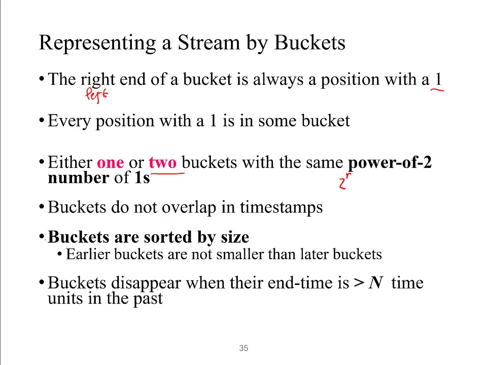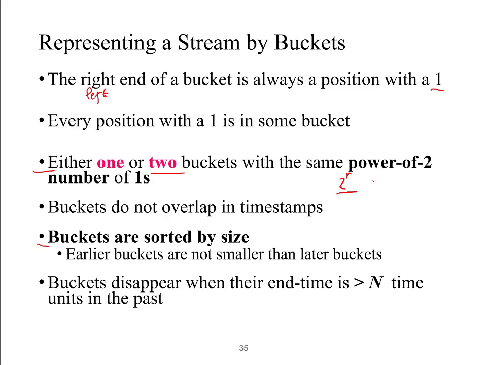If we combine this rule and this rule, then a more accurate description would be: say the largest bucket, where by largest we mean it contains the most ones, has the size of 2 to the power of r ones.